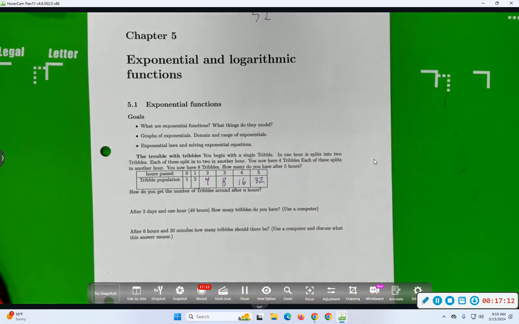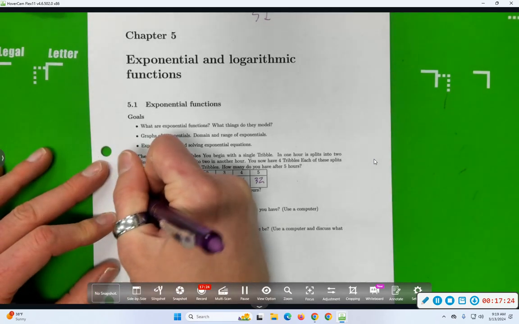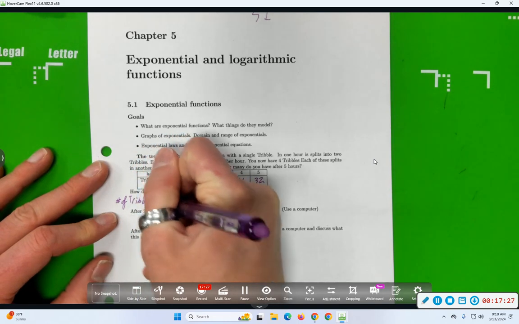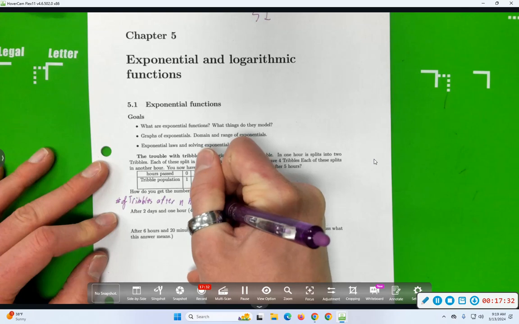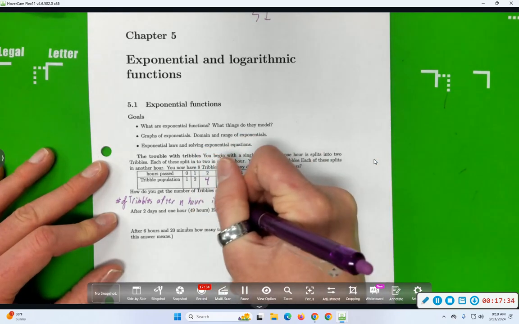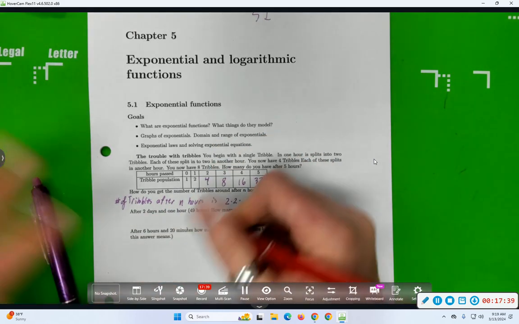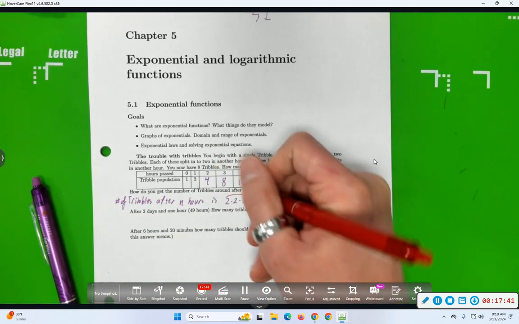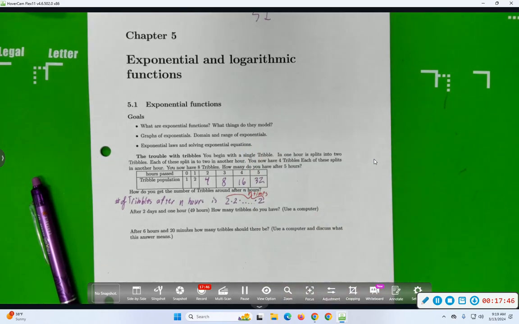So what's the rule that's getting you the number of triples after n hours? Yeah, you just keep multiplying by 2 enough times. So the number of triples after n hours is 2 times 2 times dot dot dot times 2, n times.